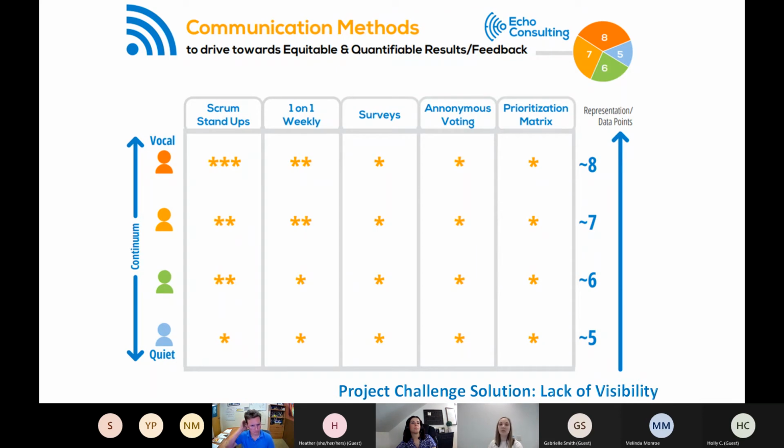So we're still going to see a little bit more from those vocal team members. Naturally, that's still going to happen within these different communication methods. But again, it's a lot more equitable, and it's really giving equal opportunity and making sure that we have the right quantifiable feedback and result that we need.